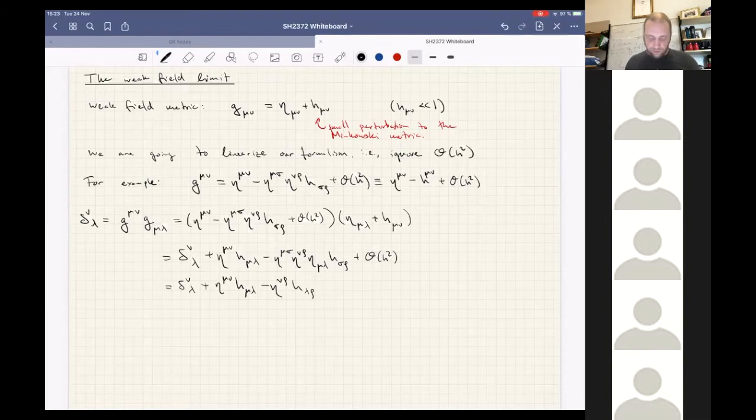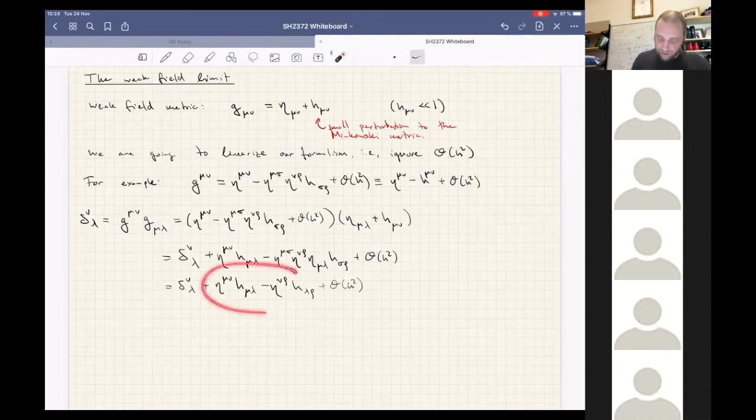This is just a few renamings of indices and a few symmetry transformations away from being equal to the middle term here, plus order h squared.